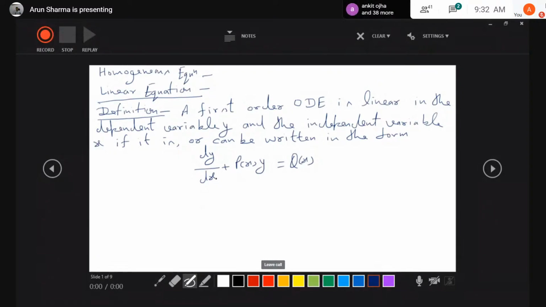So I have discussed linear ordinary differential equation in a general way. The nth order I discussed in the first or second class.